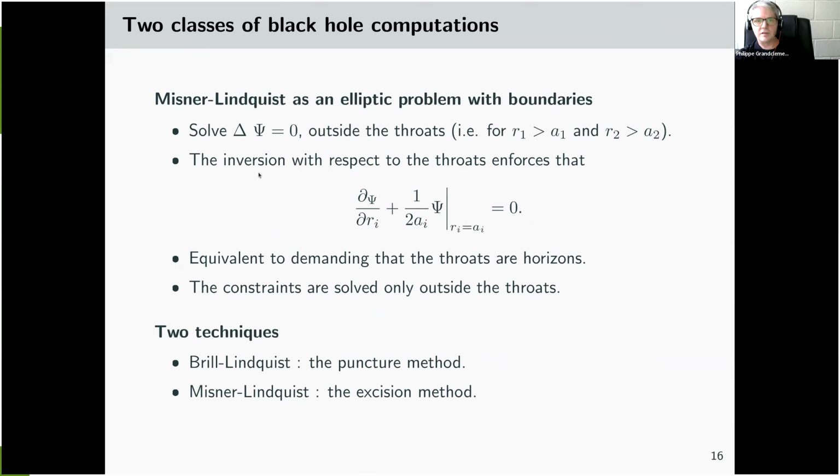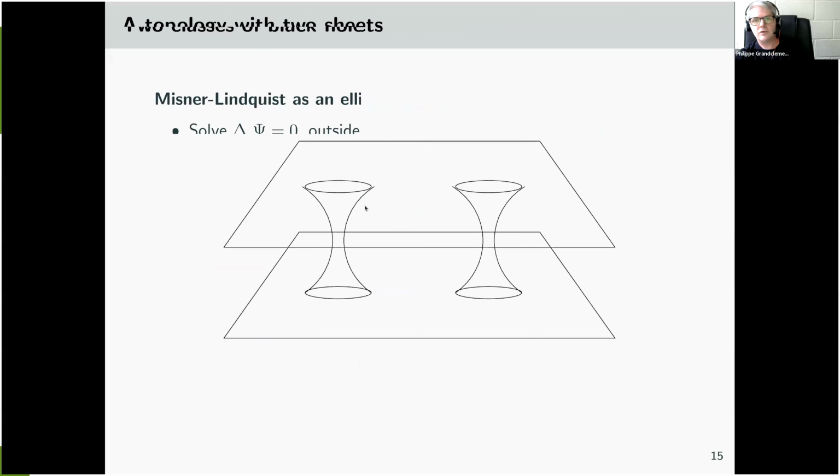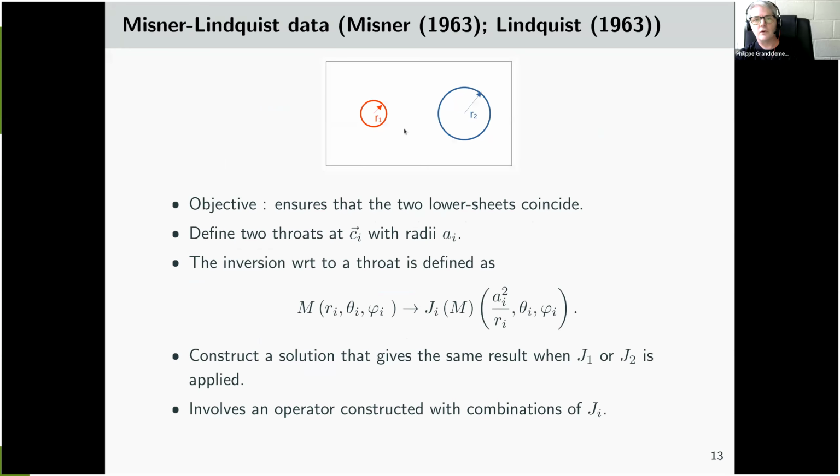And because of this inversion, you can show that on the spheres, the conformal factor must verify some kind of Robin-like boundary conditions. And actually, you can show that this condition here is equivalent to demanding that the spheres are apparent horizons. So in the case of Misner-Lindquist, you can think of the problem being the following.